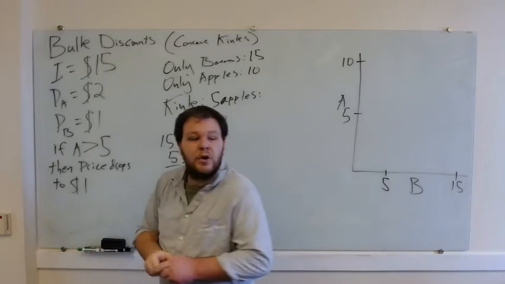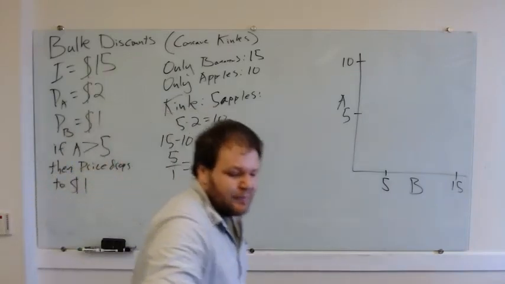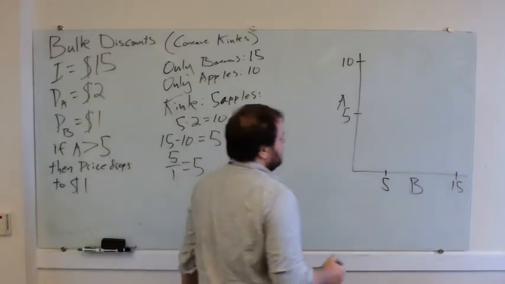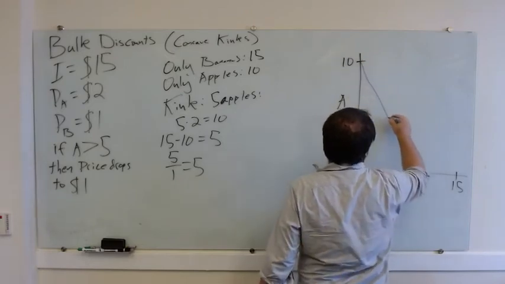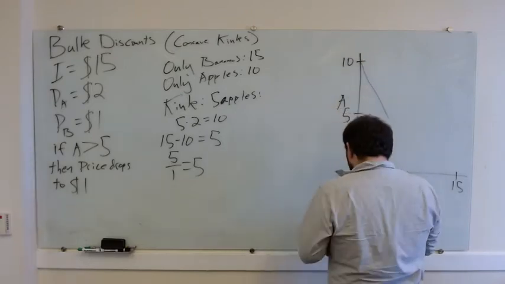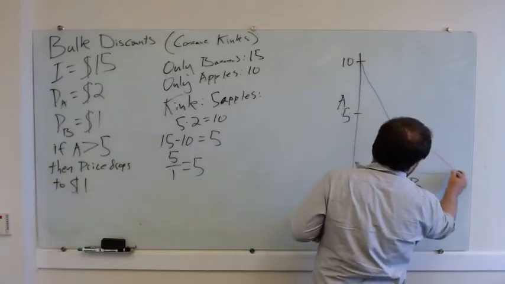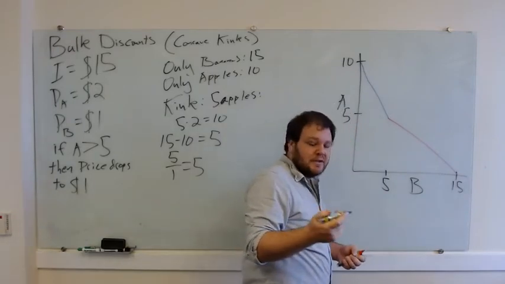Cool. So what does that mean our budget constraint is going to be? Well, as before, we're going to have 2 pieces. We're going to have a blue part like this, and then we'll have a red part like this, right? And the slope is going to depend on which piece of our budget constraint we're on.